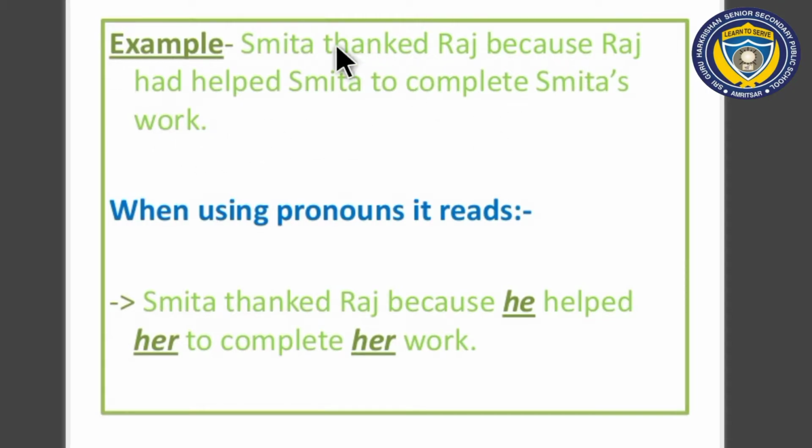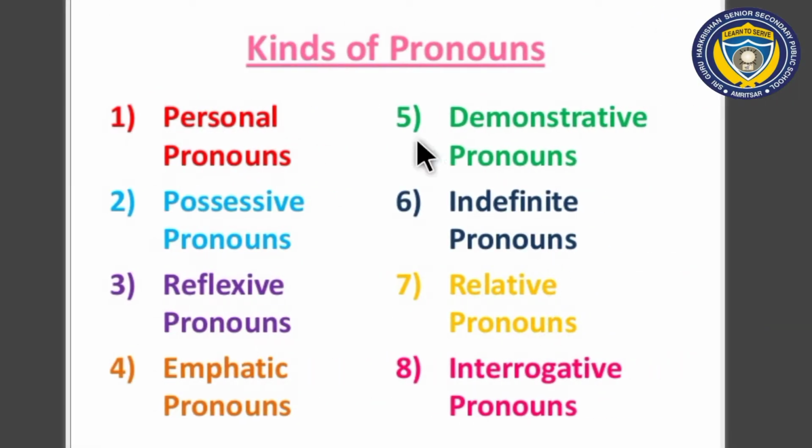How can we replace this noun with a pronoun? Read this next example. Samita thanked Raj because he helped her to complete her work. Instead of using Samita again and again, we used the pronoun her, and instead of using Raj again, we used the pronoun he.